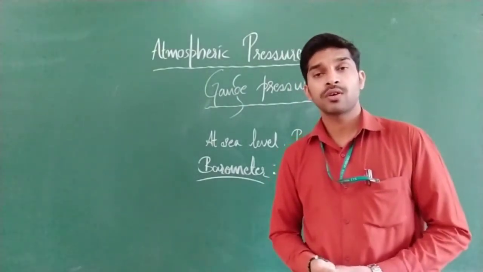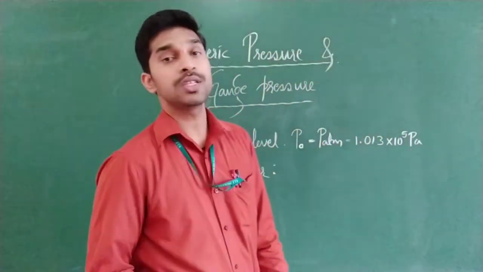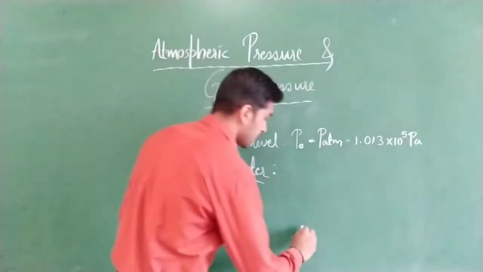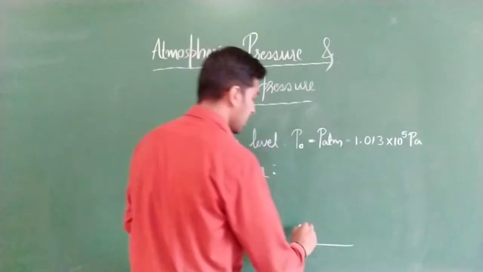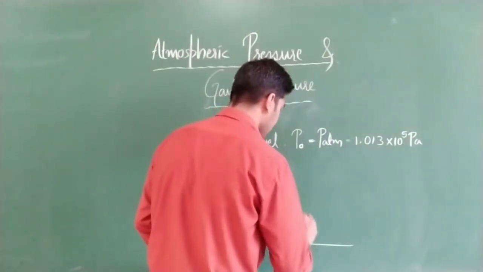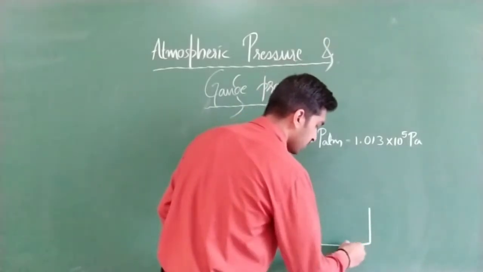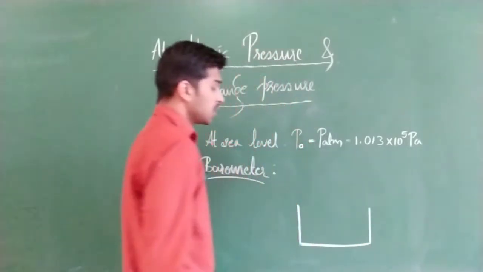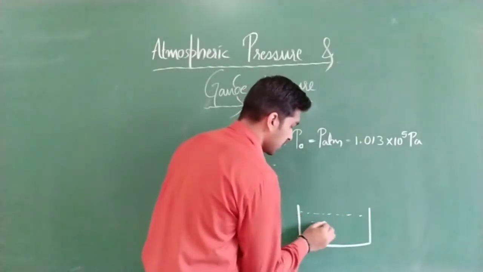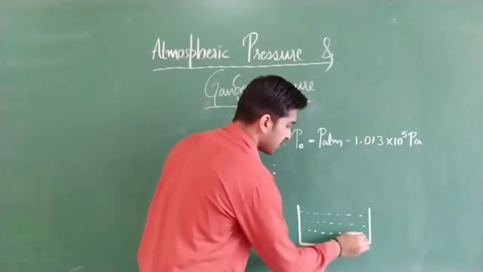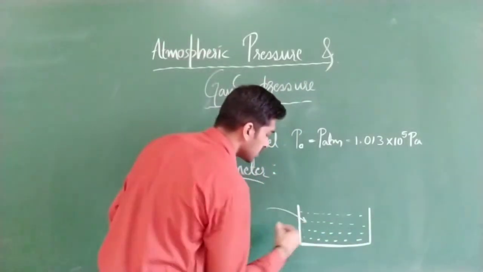And how are we going to discuss that barometer? First of all, we are going to consider a trough, or in basic words, a vessel which is filled with mercury. This is not water, this is mercury.